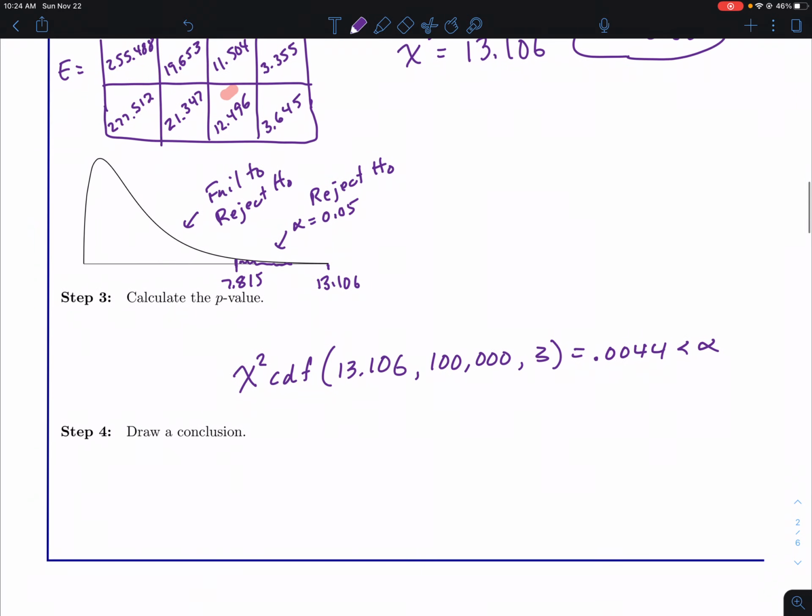So that means we are going to reject H naught. So in this case, our conclusion: since our p-value is less than alpha, reject H naught.